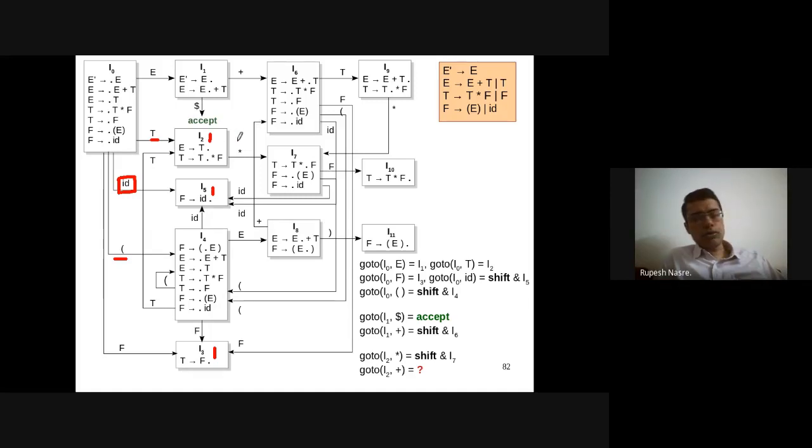There is no transition from I2 on plus. Does that mean that it is an error condition? Not always. Although sometimes it is an error condition, not always, and the reason is that there might be a reduce in the picture. So we have to understand when to apply the particular reduce.